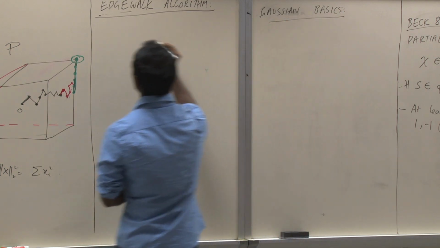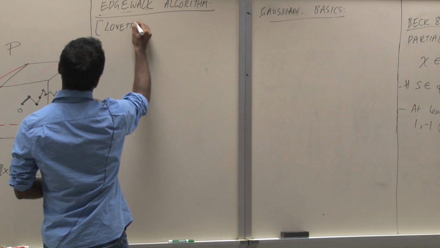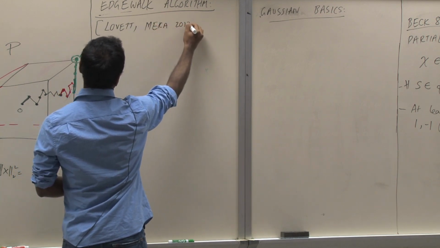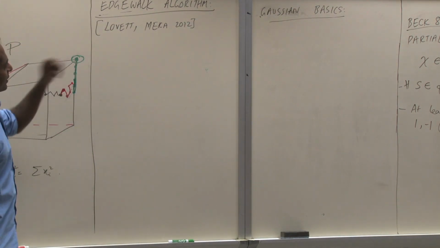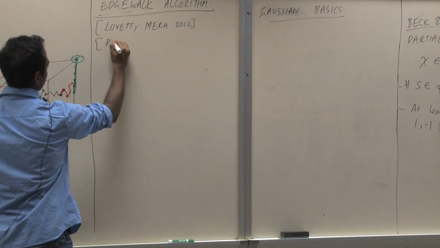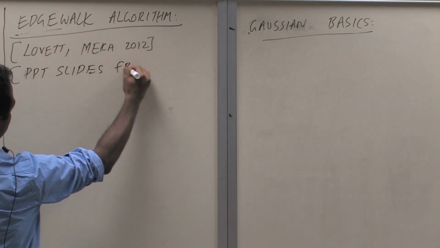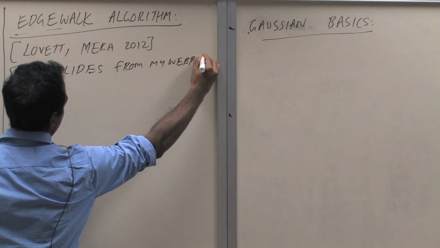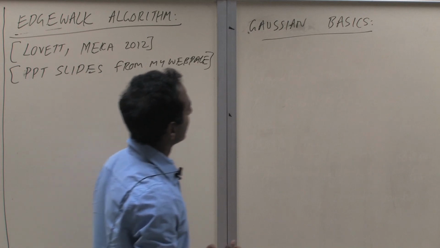This is from joint work with Shahar Lovett and myself from 2012. The paper is short, and there are also PPT slides on my web page, so if you want to see more, you can look there.